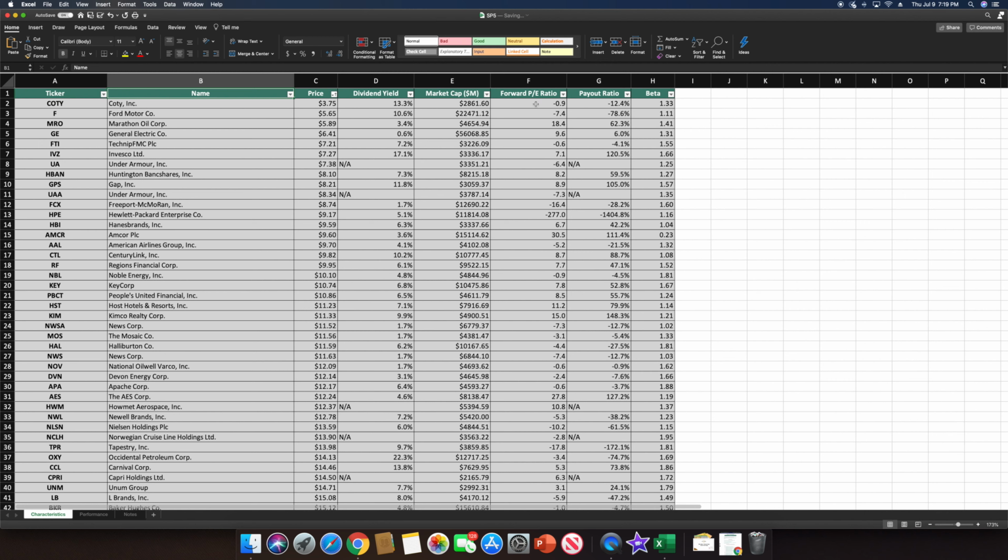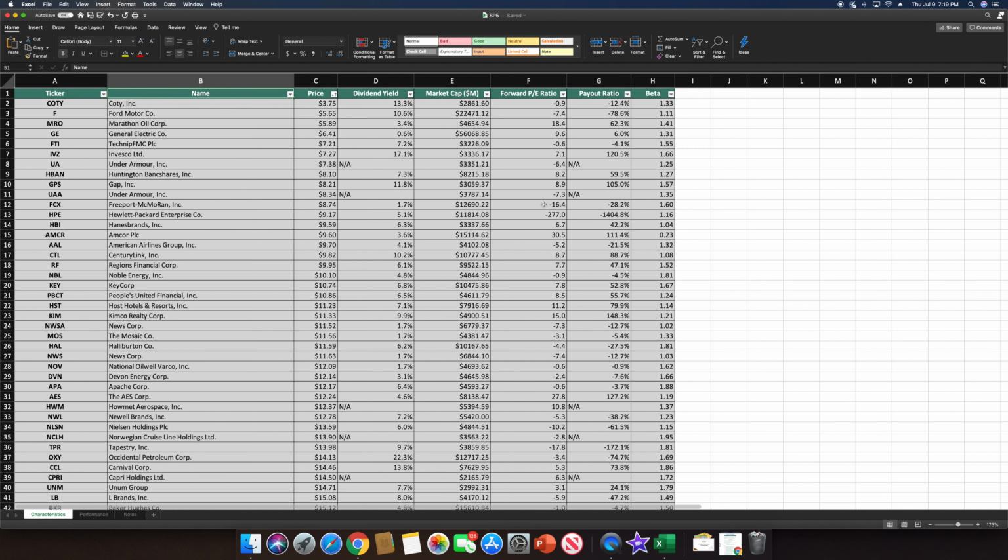Now, you might be looking for some bargains as you're trying to pick stocks. One aspect of stocks that you could use is the price to earnings ratio. What that tells you is it takes the price of the stock and divides it based on the earnings of the company.